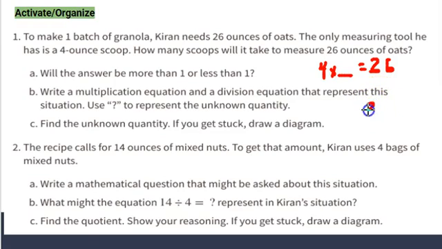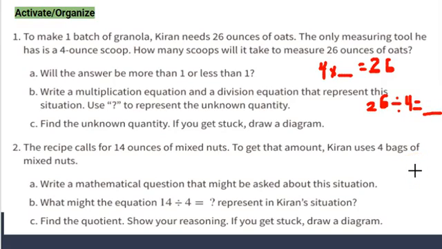And the division is going to be 26 ounces divided by 4 ounces in each scoop to give us how many scoops it takes.